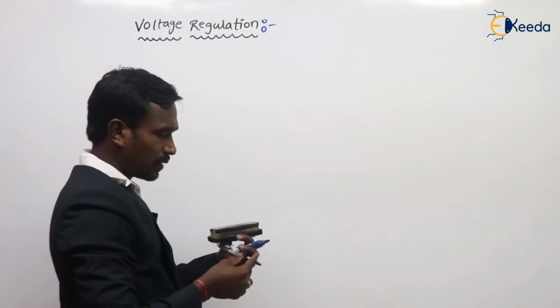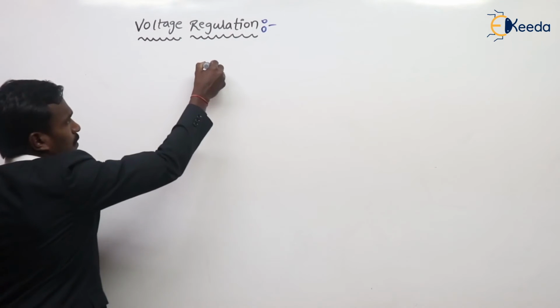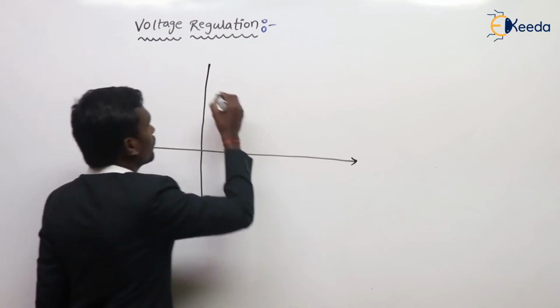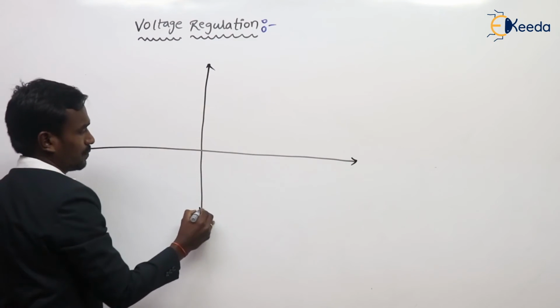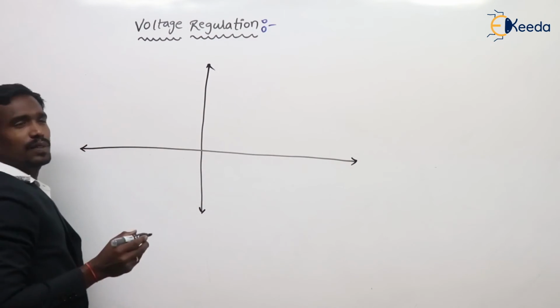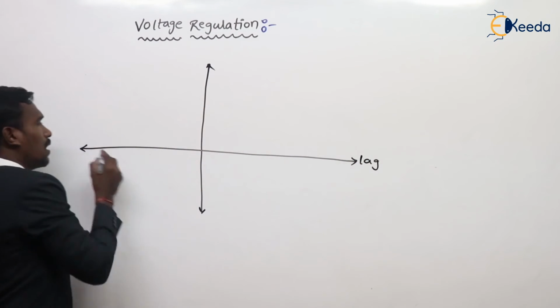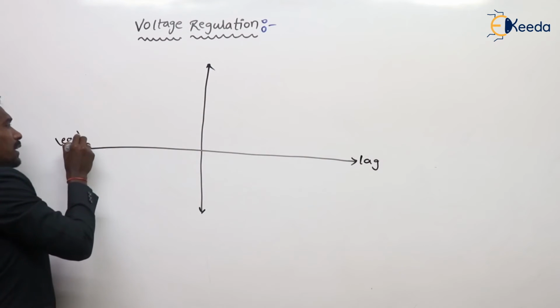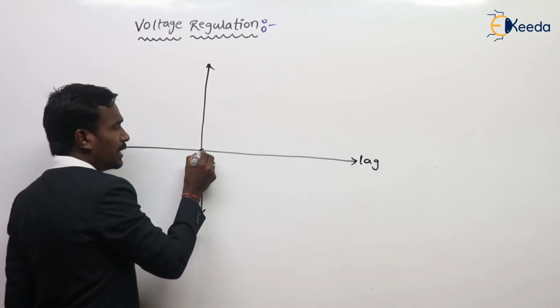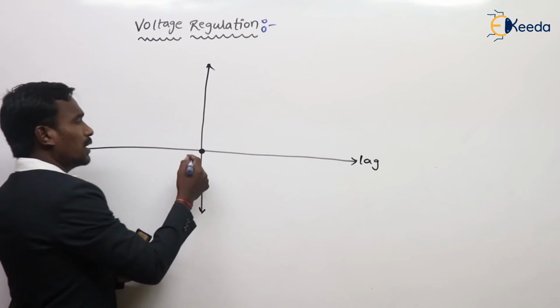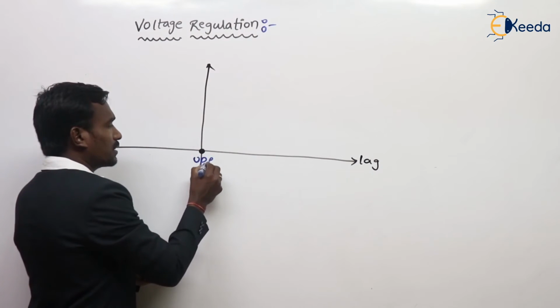See, this is the flat axis, this is lagging load, and this is for leading load, and here at this point unity power factor.